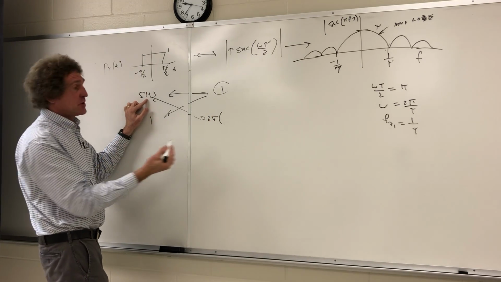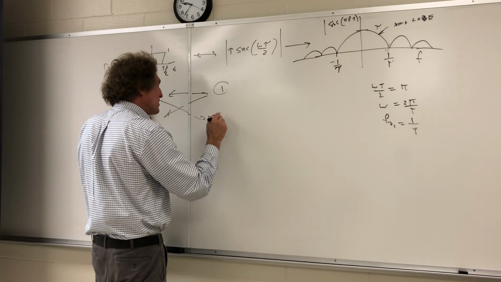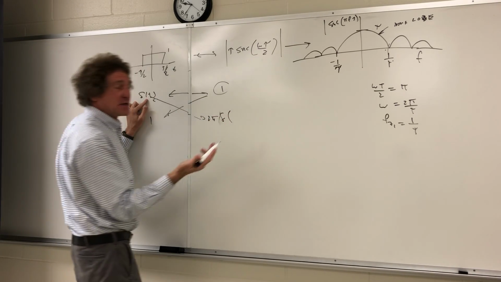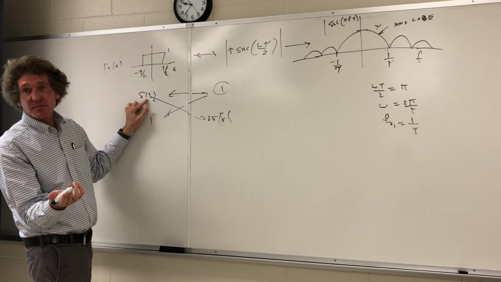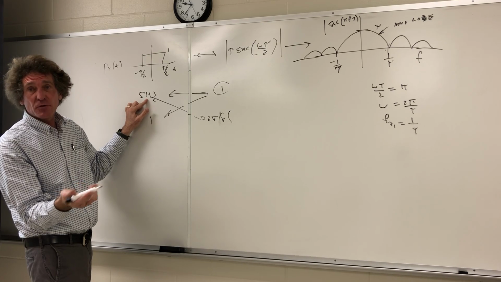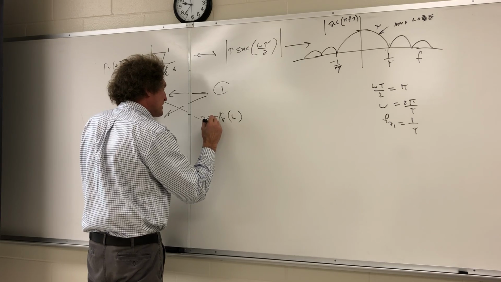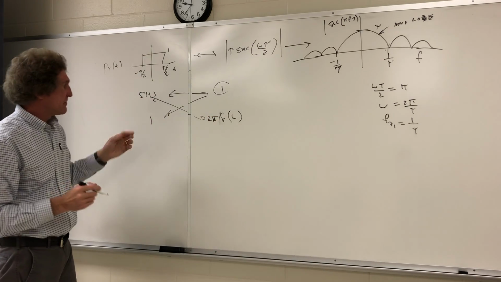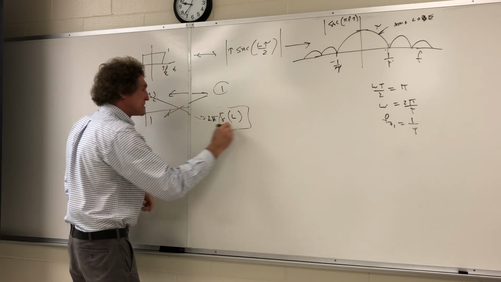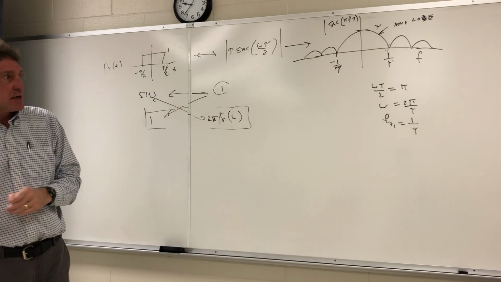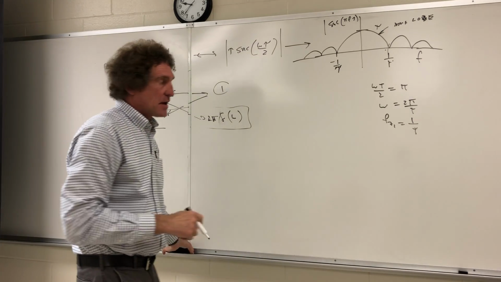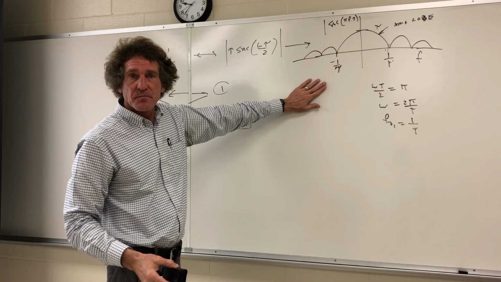But when you have a delta function, delta of minus omega is the same thing as delta of plus omega. You all follow me on that? Because it occurs at omega equals 0. I'm just making sure you understand the trickery. All right, so now we have this pairing too. DC goes to that.